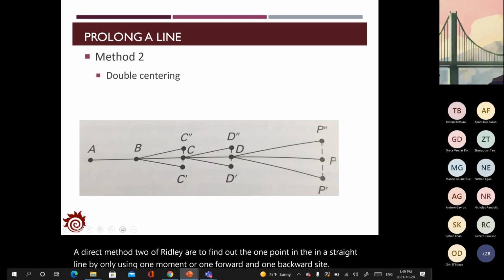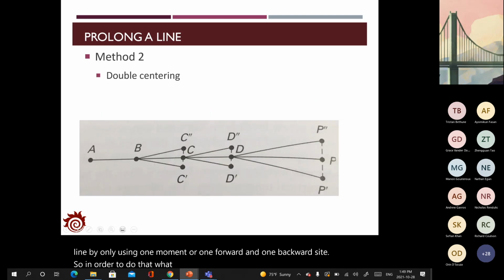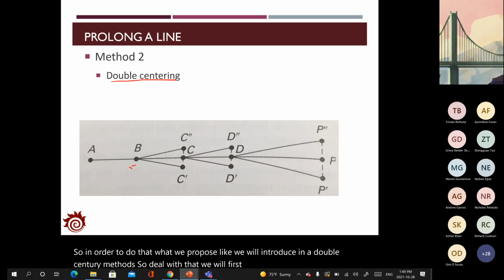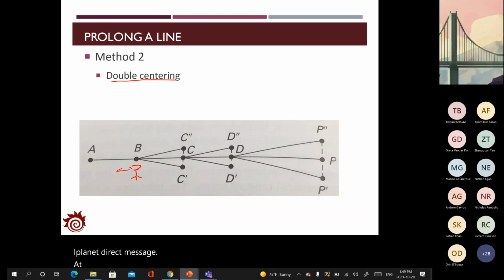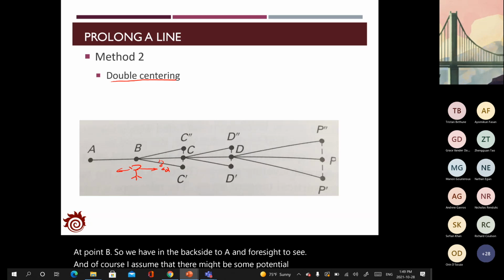So in order to do that, we will introduce the double centering method. With that, we first apply the direct method at point B. So we have the backsight to A and the foresight to C, and of course assume that there might be some potential errors in the angle and direction measurement.